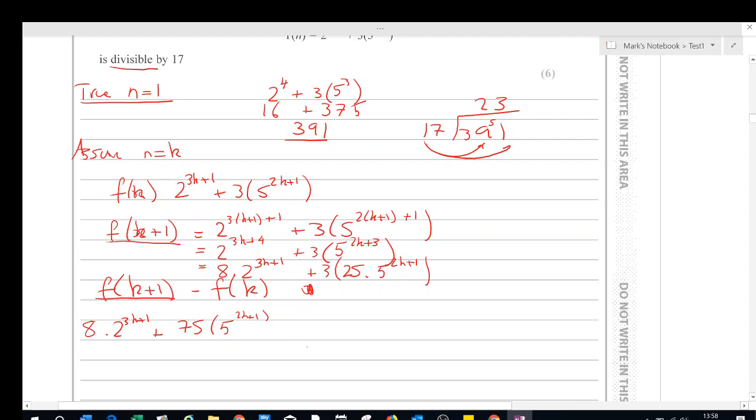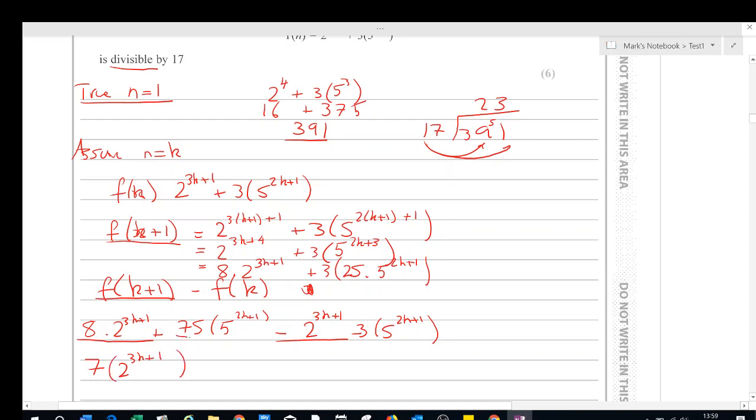Now we're going to take away f of k, so we're taking away the original, which is 2 to the power of 3k plus 1 minus, because we're taking away both of them, 3 times 5 to the power of 2k plus 1. Now we can simplify our powers: you had 8 of the 2 to the 3k plus 1 and you're taking away one of them, so you're left with 7 times 2 to the 3k plus 1.